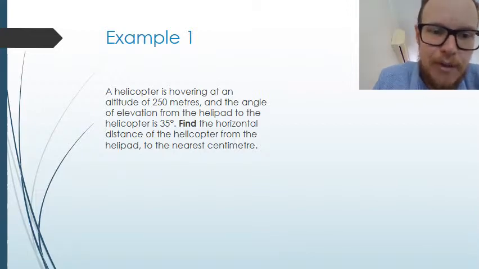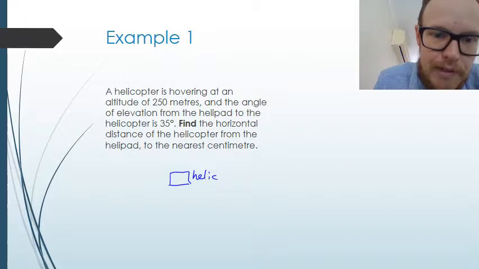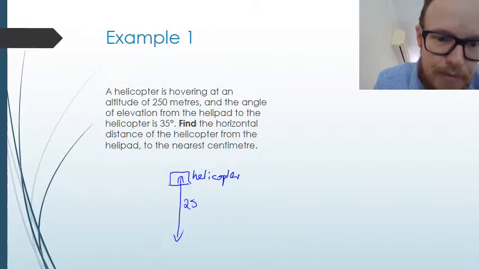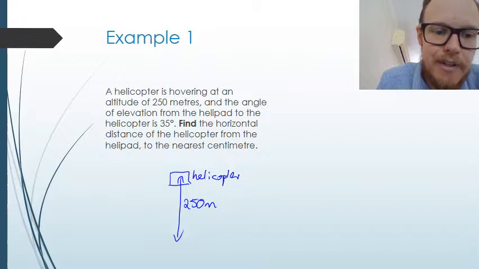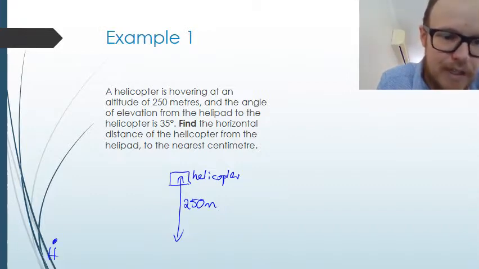So if we have our helicopter whizzing above the ground, it is going to be 250 meters up from the ground. That's our altitude, and it is at a certain angle of elevation from the helipad. So the helipad's over here, H for helipad, and we've got our line of sight from the helipad to the helicopter.